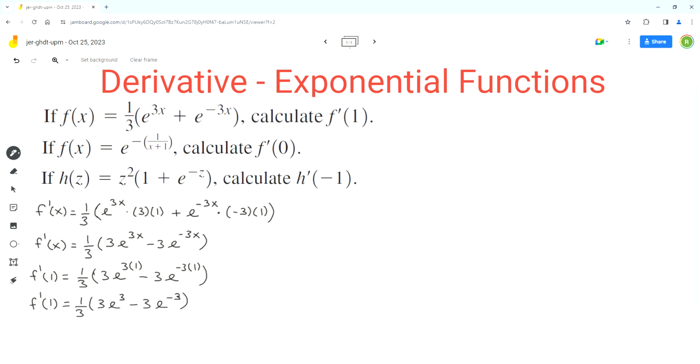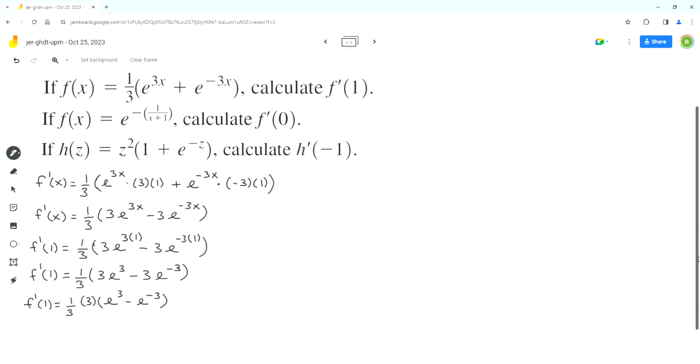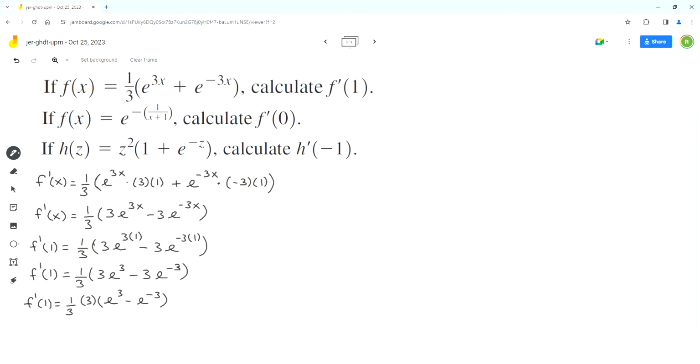Now we can factor out the 3 from the two terms in the parentheses. So we get f prime at 1 equals 1 over 3 times 3 and then e to the power 3 minus e to the power negative 3. Now at the beginning of this expression, the 1 over 3 times 3 is equal to 1.